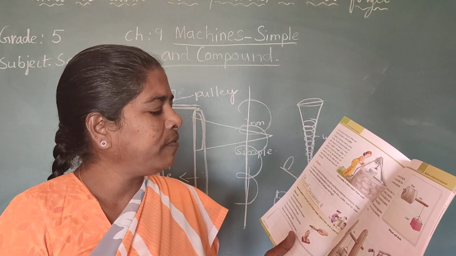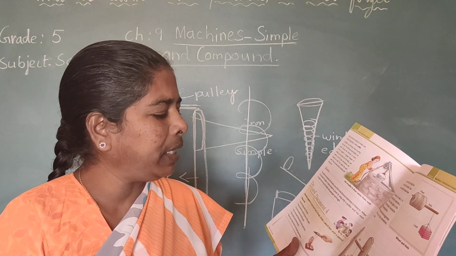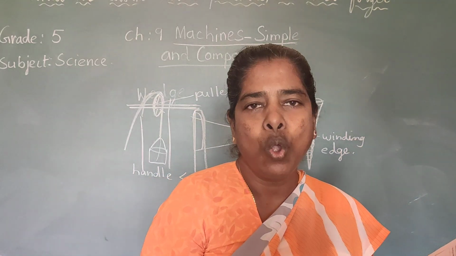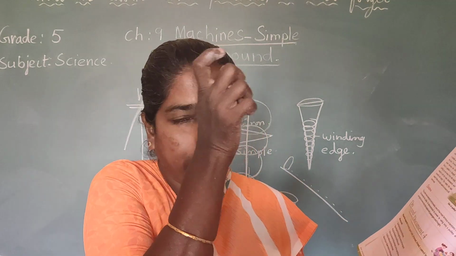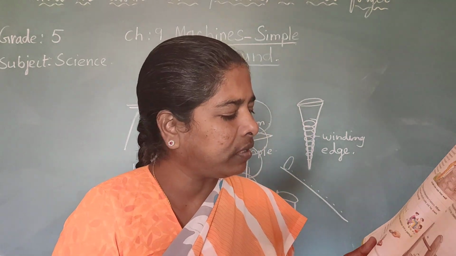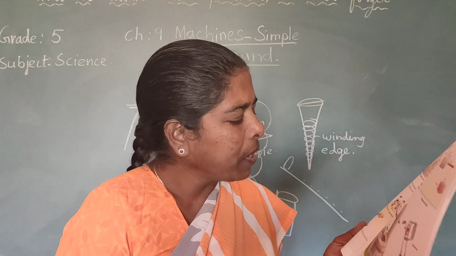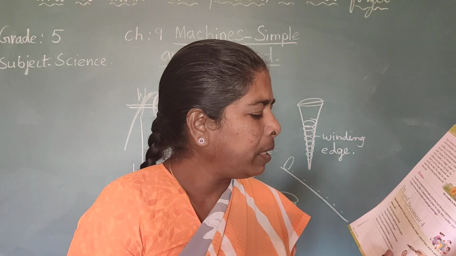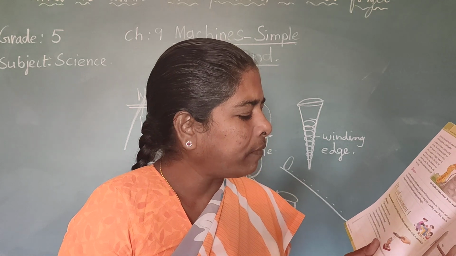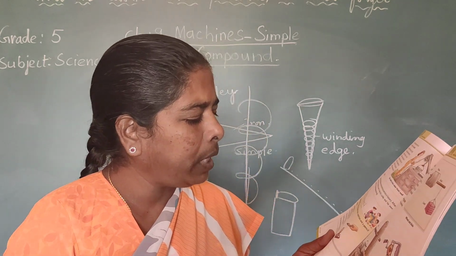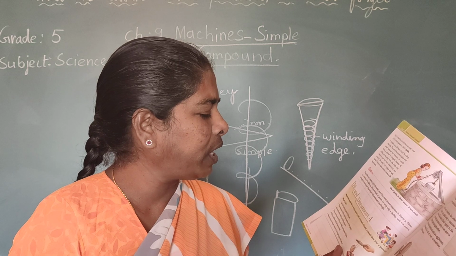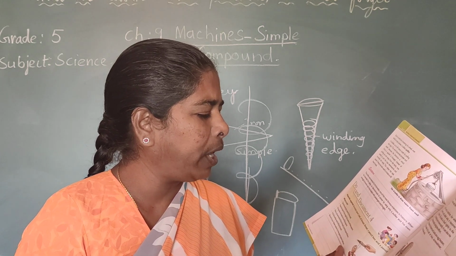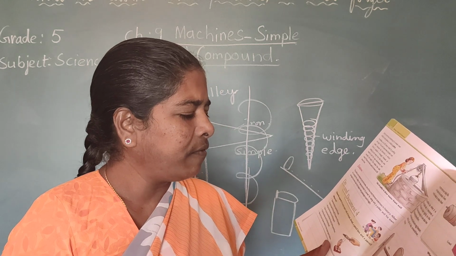The pulley was invented by Archimedes, one of the most famous scientists in history. Who invented this? Archimedes, a famous scientist. After his invention, he demonstrated its power by using only a pulley and his own strength to move a warship loaded with passengers and freight.